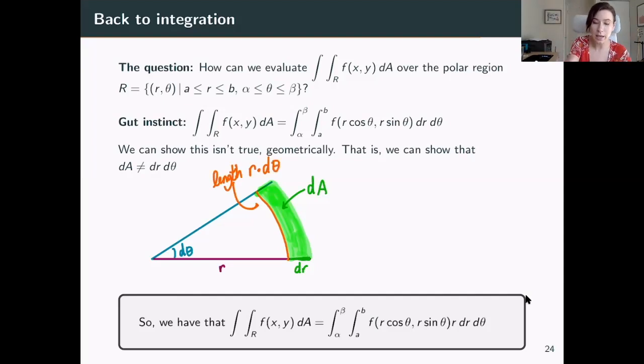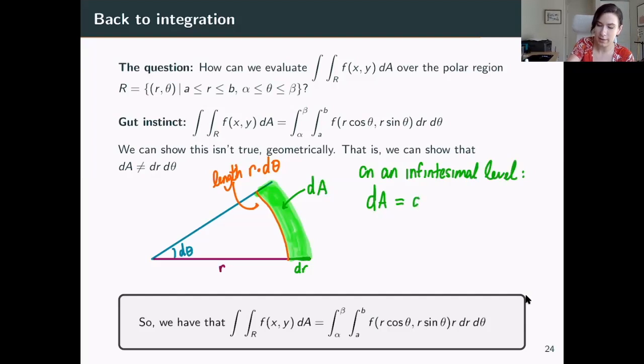And in total, what we end up getting here is that our dA, on an infinitesimal level, and that's the important thing here, is that everything is very, very small. So we've got an infinitesimal level. What we end up having is that our dA is going to be equal to our length, which is r d theta, times dr. So we end up getting that it's equal to r times dr times d theta.